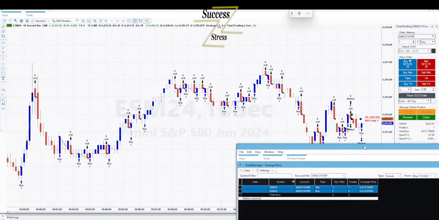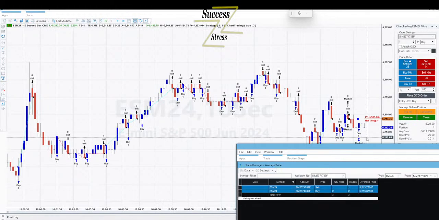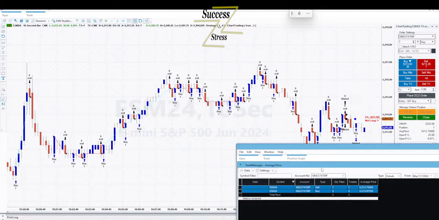Order filled. Order filled. Already $12 down because of slippage. Of course, this is after hours trading. And again, this is not a viable strategy. I want to be clear about that. This is just me punching some buttons.